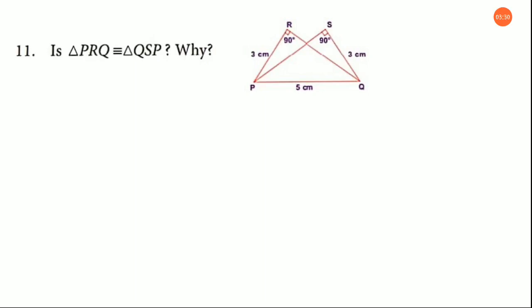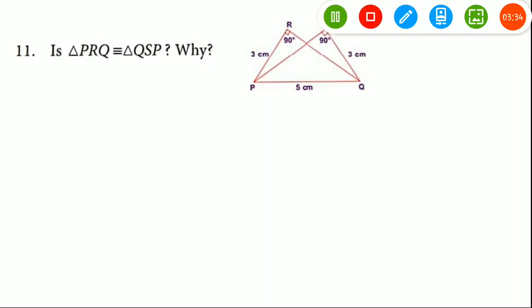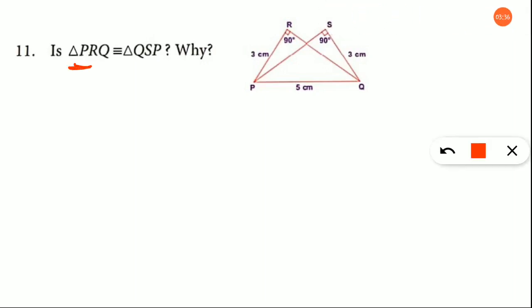Shall we check it? Now, first, this PR is equal to QS. I told you that we should go in the same order only. So this outer triangle, P, R and Q, it is going in this direction. And this Q, S and P is coming in this direction. Okay.